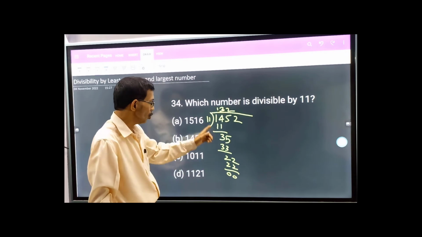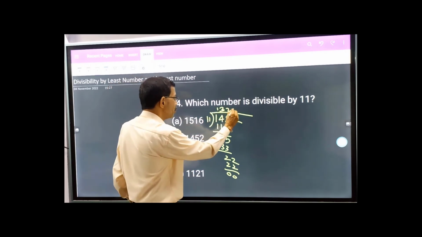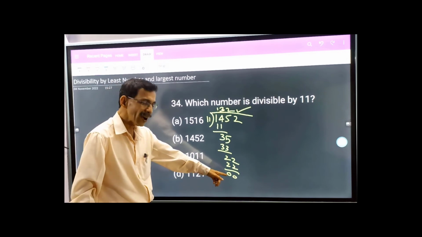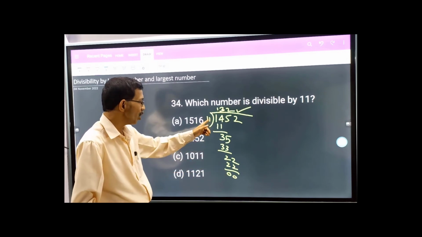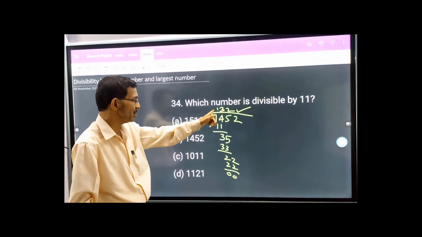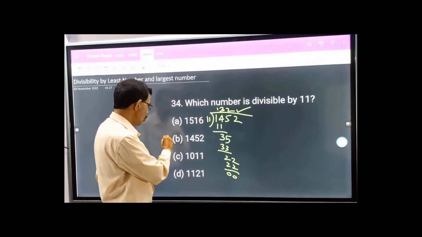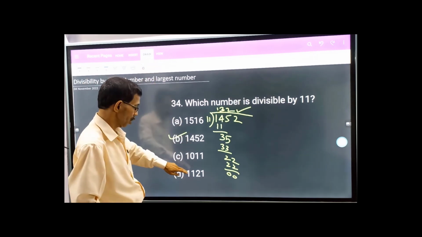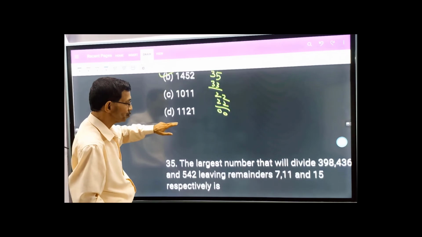So here we are getting remainder as 0. Therefore this 1452 number is divisible by 11. So the option is option B. Let's move to the next question.